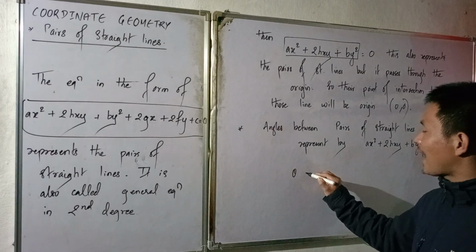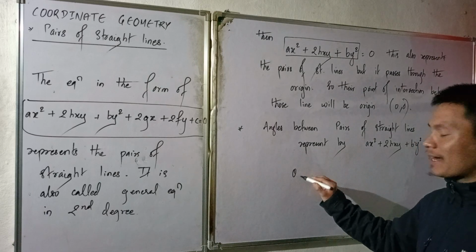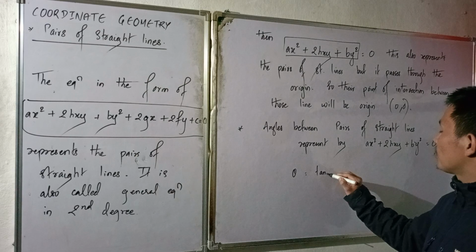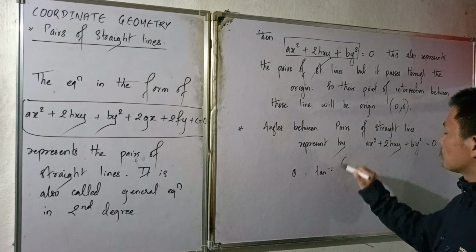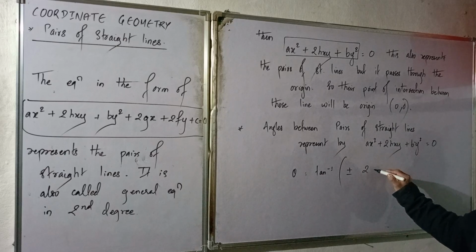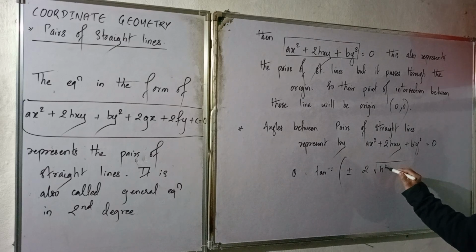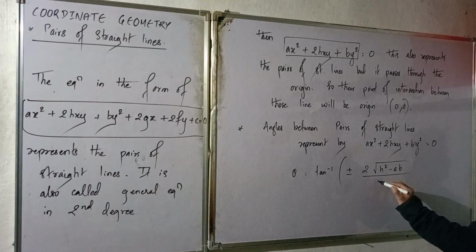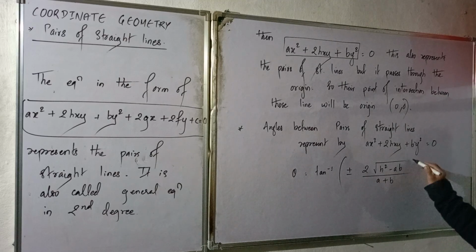Let theta be the angle, then the angle is given by, you just remember this formula, tan inverse of plus minus 2 times the square root of h squared minus ab divided by a plus b.